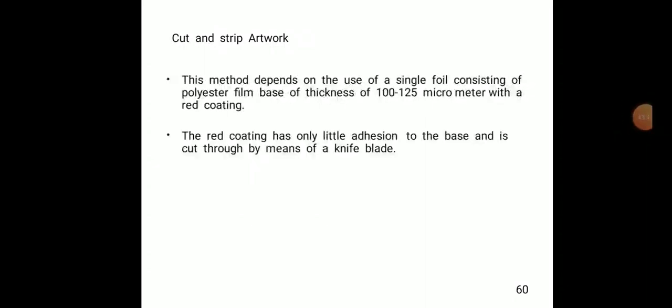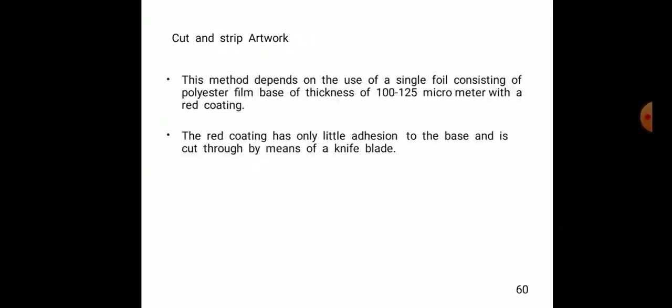Another artwork is cut and strip artwork. This method depends on the use of a single foil consisting of polyester film base of thickness of 100 to 125 micrometers with a red coating.